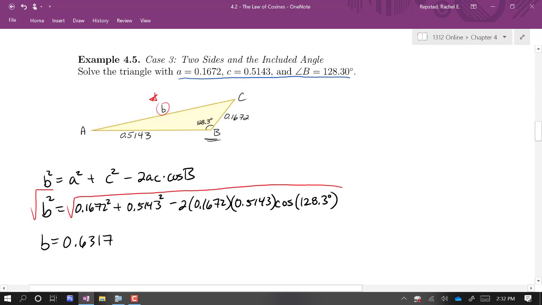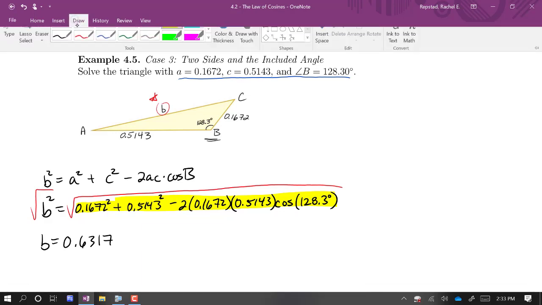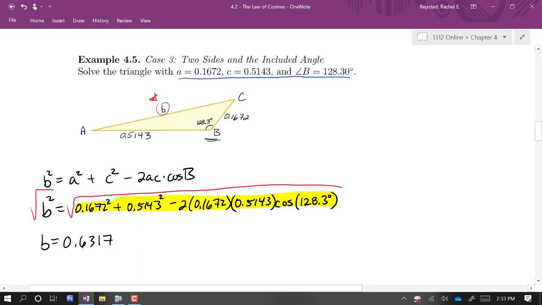Now if you wanted to approximate first just this expression, again, I recommend just putting it in the calculator all in one go. It's important to keep in mind the order of operations. For example, sometimes people will find this and then multiply the whole thing by cosine of 128.3.